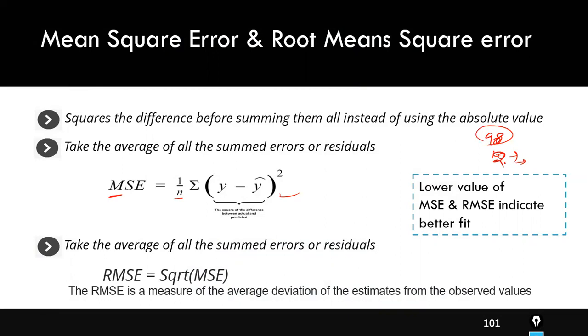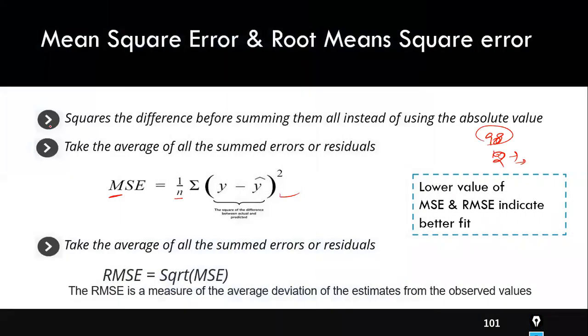If somebody says my model has higher accuracy, that means lesser error. Higher accuracy means lesser error, in plain English. The same thing applies here: lesser the error, higher the accuracy. That's all, guys. So now you understood. In general, we use root mean square error to measure the model performance.